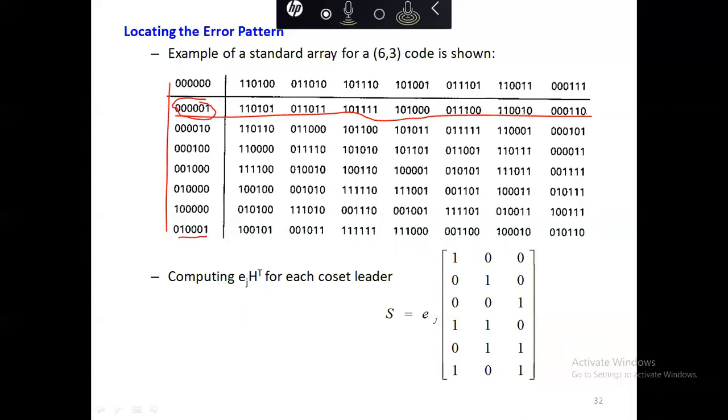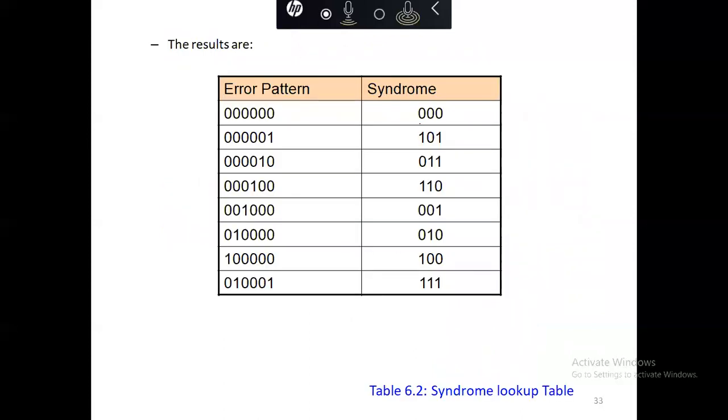So first we calculate the syndrome by multiplying with the H transpose matrix, and then use the lookup table to find which syndrome represents which error pattern.